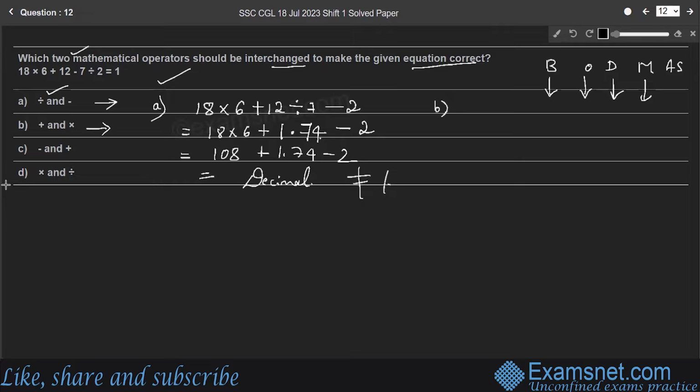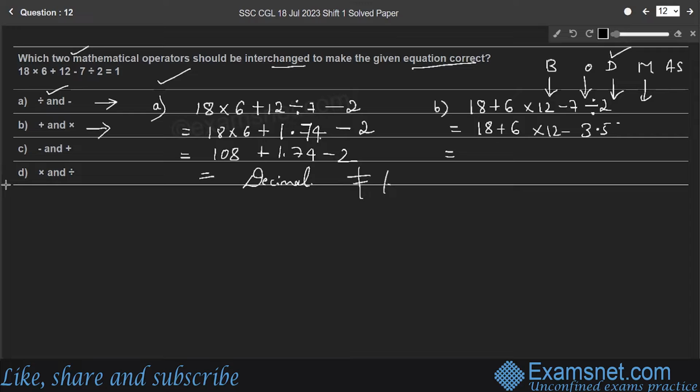So next comes interchange plus and into, right? So 18 into 6 becomes 18 plus 6, and plus 12 becomes into 12, minus 7 divided by 2, right, is equal to, again according to BODMAS rule, start with division. So 18 plus 6 into 12 minus 7 divided by 2 becomes 3.5, right?